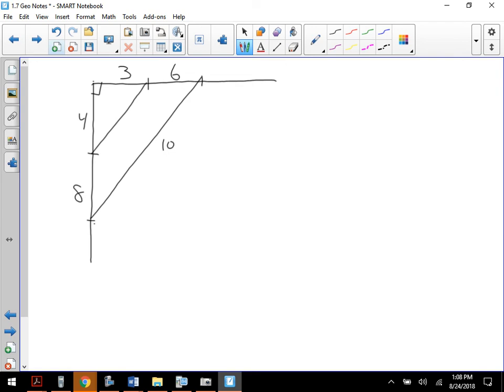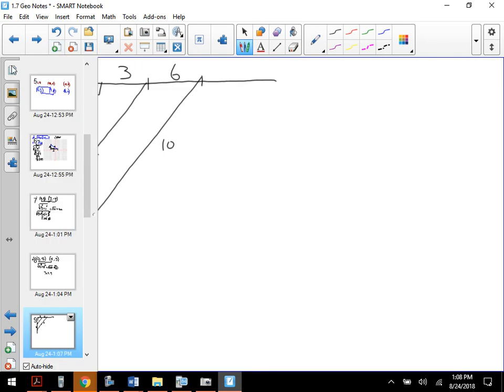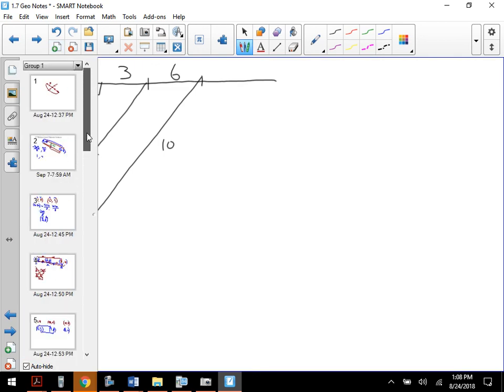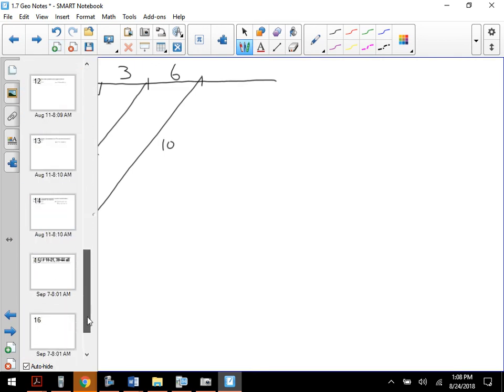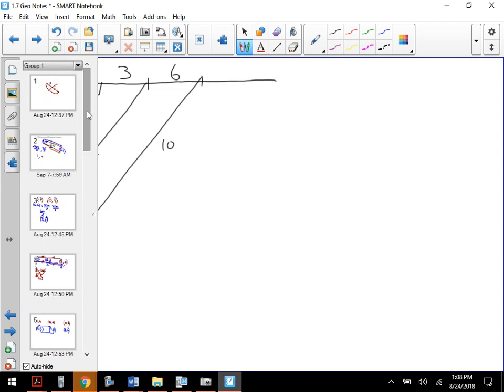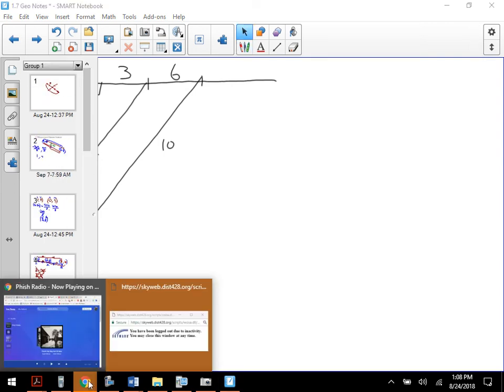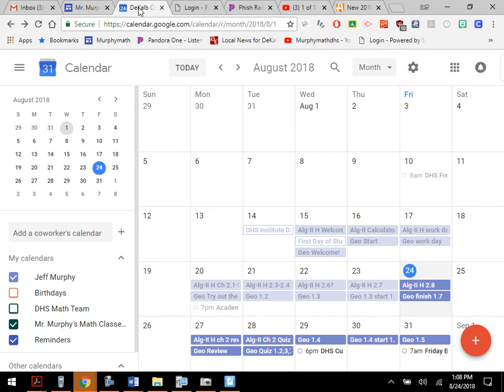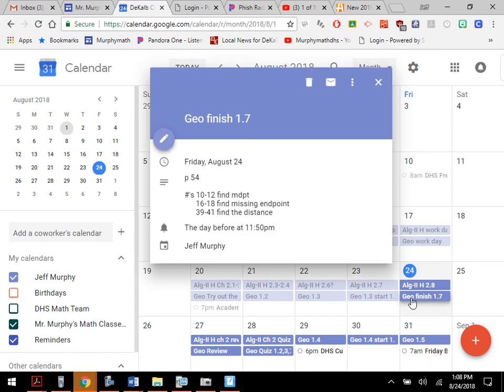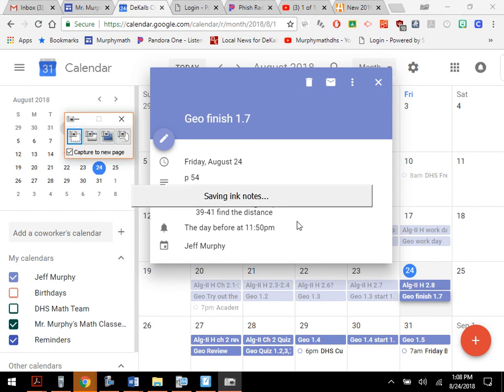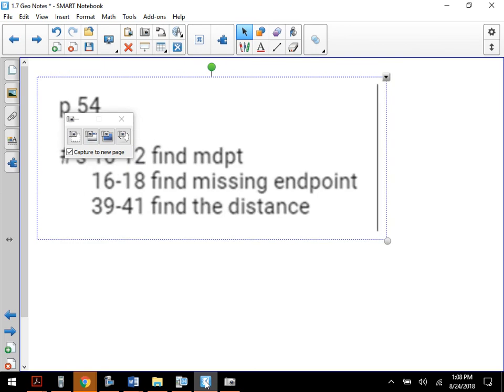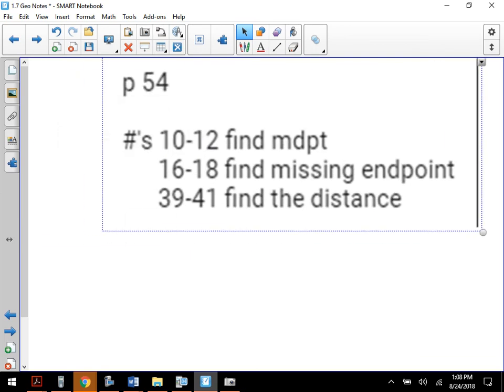Okay. So I had already posted problems out of the textbook for you guys, and I accidentally erased it on here. If you look at the calendar, I have a total of 9 problems.